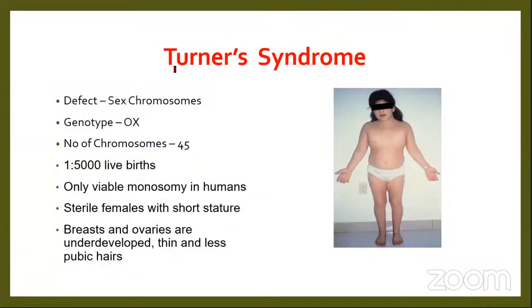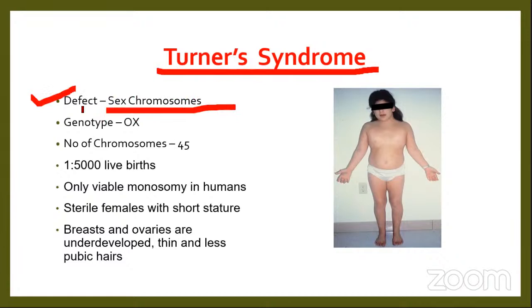Now let's see Turner syndrome, which is quite the opposite of Klinefelter's syndrome. In this, the basic defect is with the sex chromosomes, and in the genotype of this kind of female, there is no extra X. Females usually have XX, right?